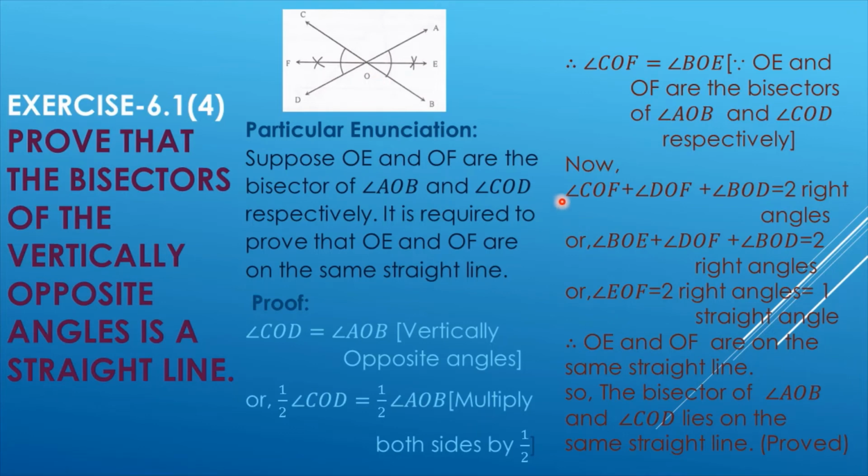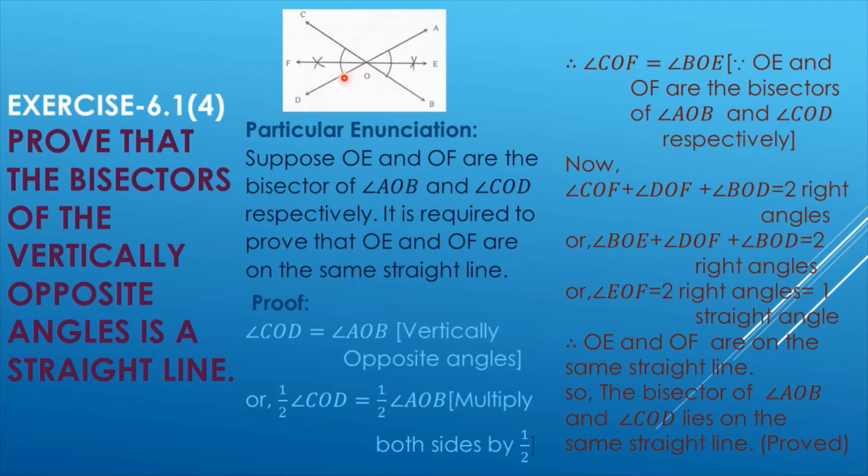Now instead of angle COF, we can write angle BOE, because just earlier we showed that angle COF equals angle BOE. So instead of angle COF, we can write angle BOE. And the other two angles will be the same, angle DOF and angle BOD, equals two right angles.